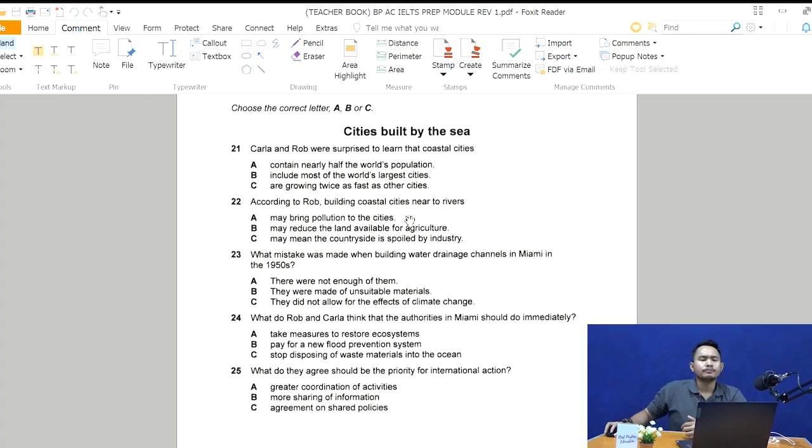Okay, now let's do section 3 here. Today we're going to focus on section 3, guys. Before we start, I would like to mention that in section 3 you're going to listen to a dialogue. Before, in section 2 particularly, you listened to a monologue where somebody is talking about a particular topic. In section 3 you're going to listen to a dialogue again, but this time it's going to be more academic related.